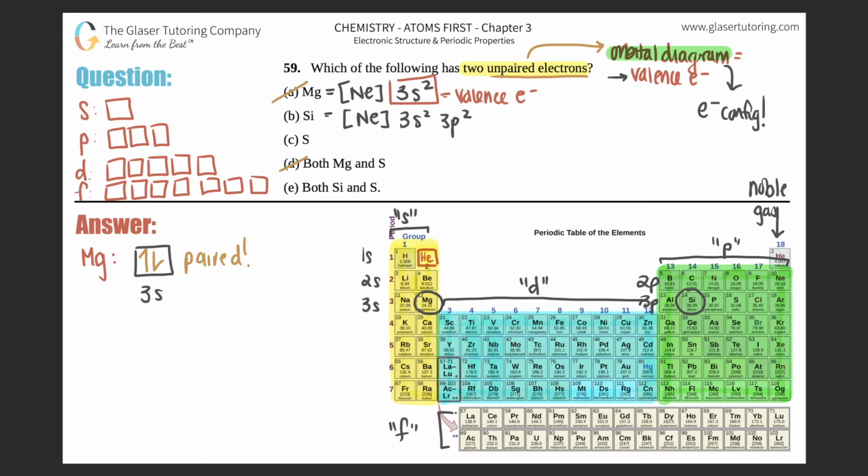When we draw silicon, we have the s, which is one box, and then we have the 3p, which is 3 boxes. This information should be memorized. Your teacher or professor wouldn't give you that hint on the test or quiz.